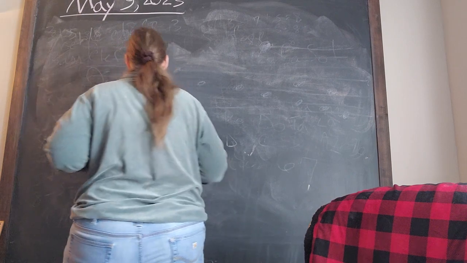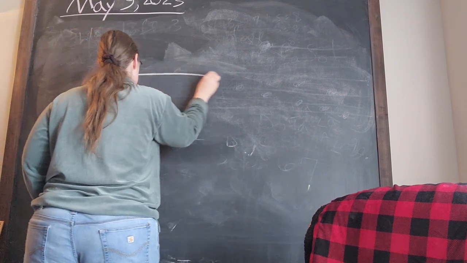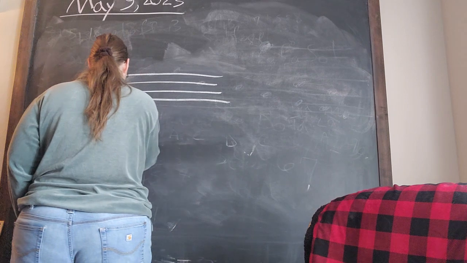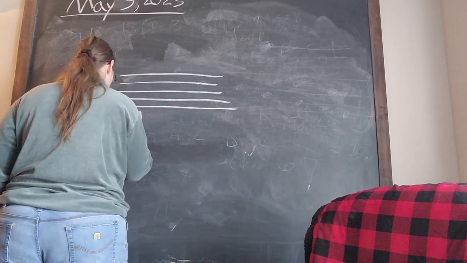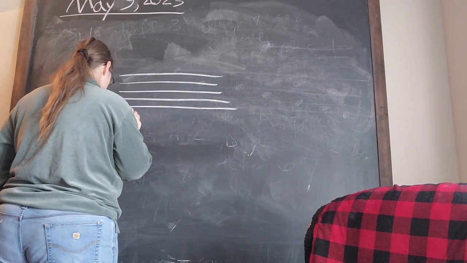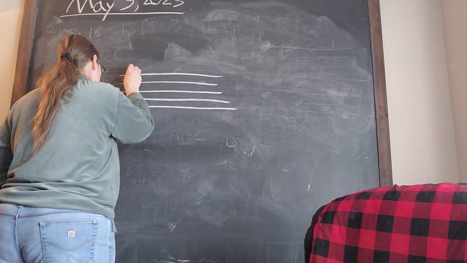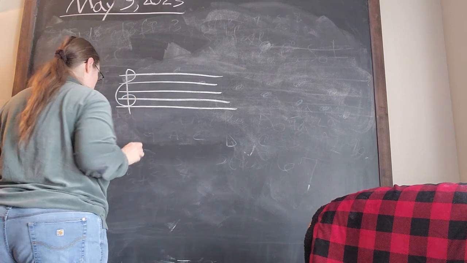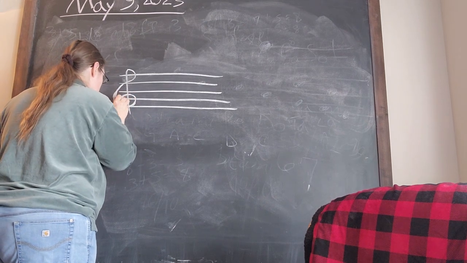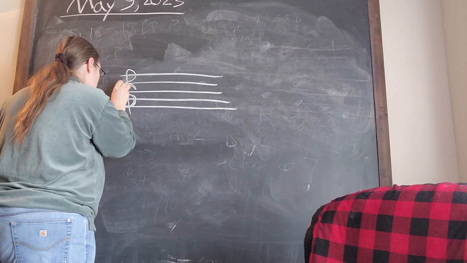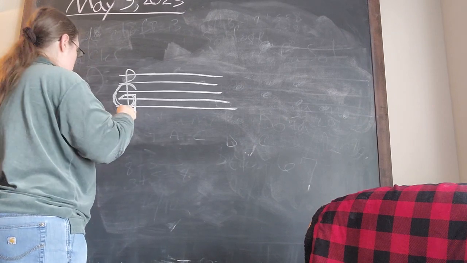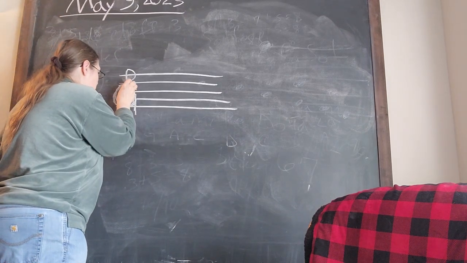If I were to draw a staff, make it large enough so I can make 2 symbols on here, the treble clef is nothing more than a stylized letter G. If I were to draw the treble clef, if you see this part here that circles, you can see that almost as the letter G. This is where these symbols came from.